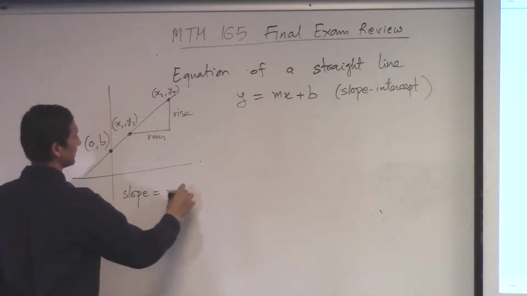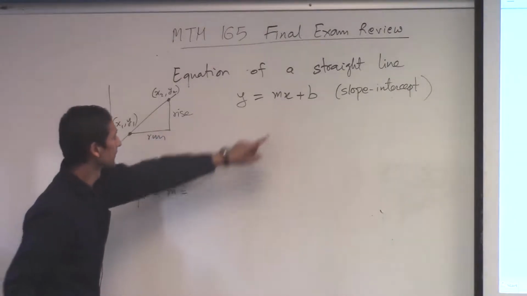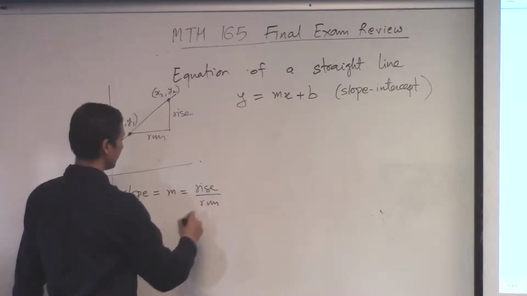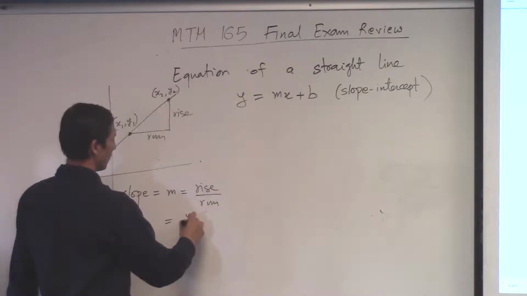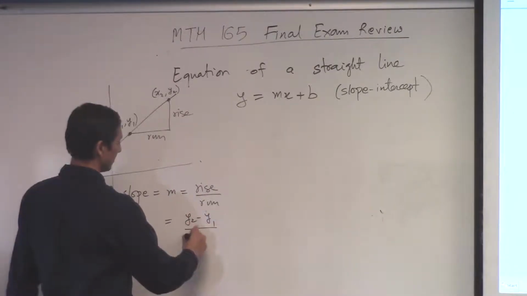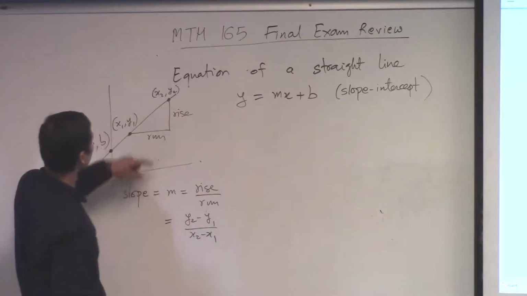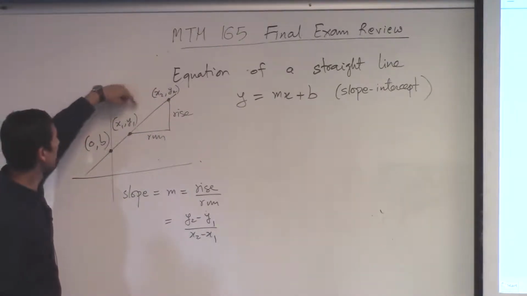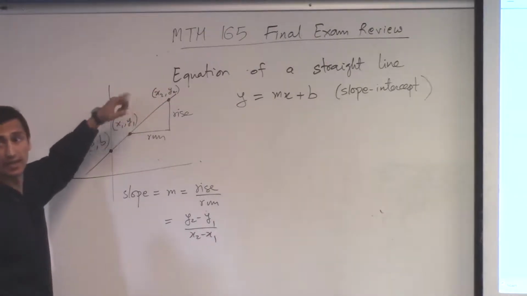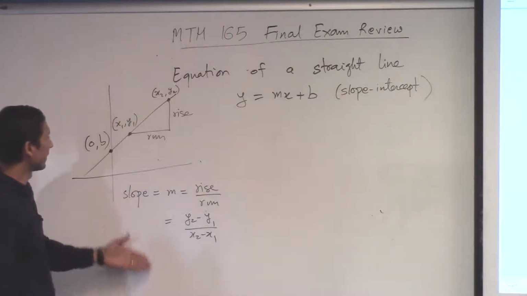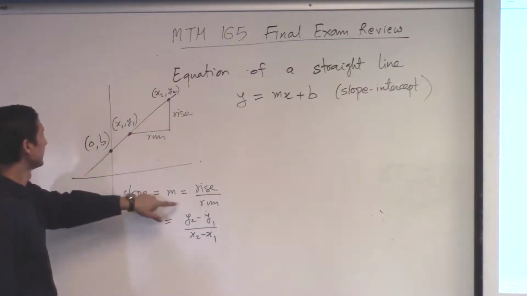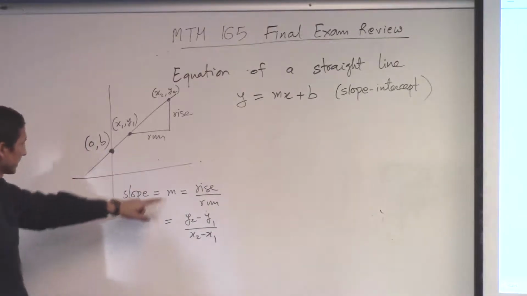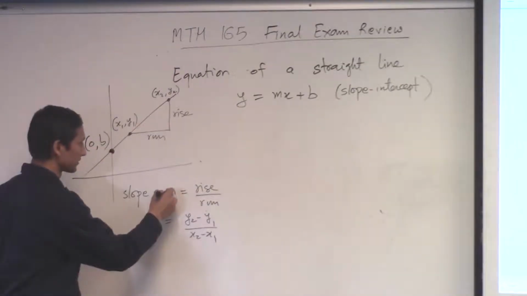Slope is denoted by m, is rise over run, and is given by the formula y2 minus y1 over x2 minus x1 whenever you have any 2 points on the line. So that's how you find the slope of a straight line.